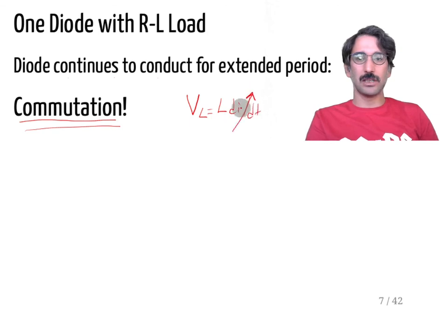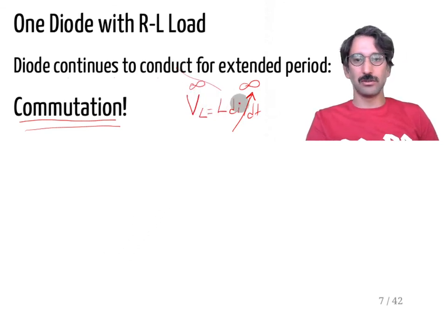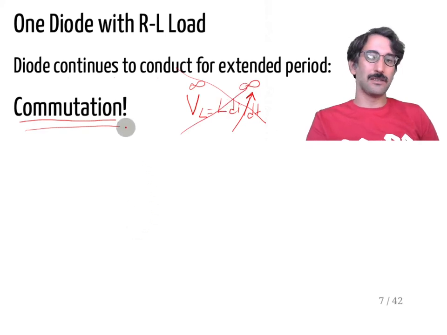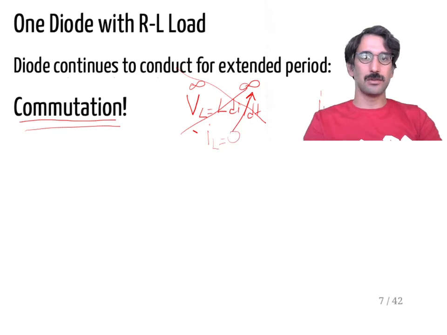If you just directly cut that one, that will go to infinite, and the inductor voltage will go to infinite. Mathematically we can't have that, and that is why the diode continues to conduct until the inductor current reaches 0.